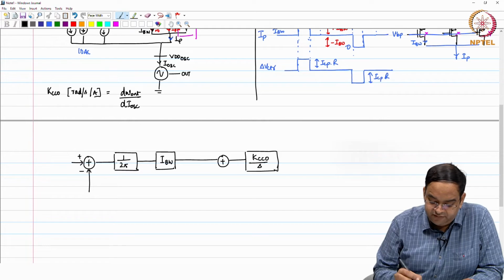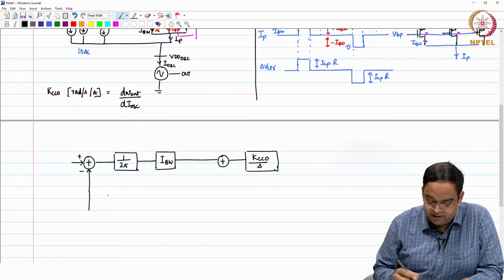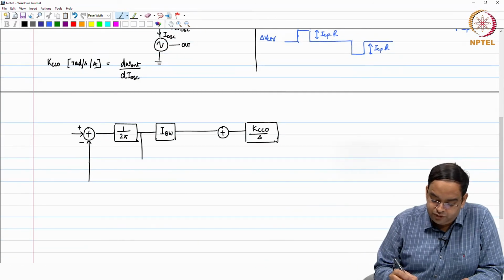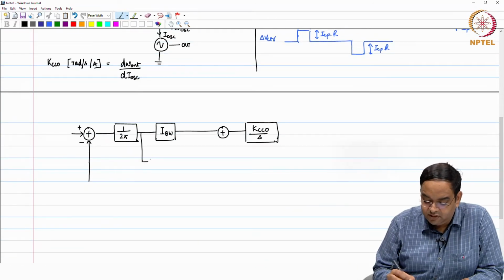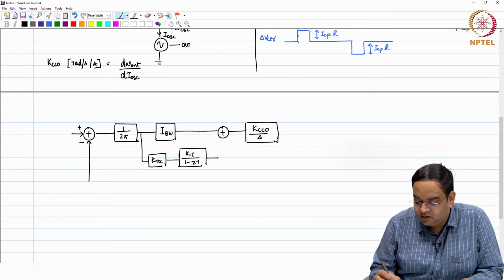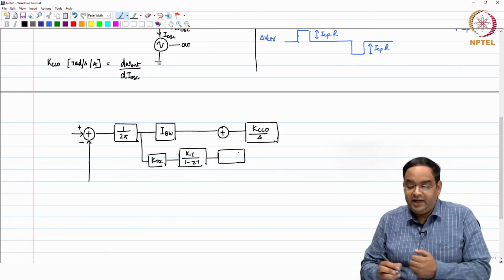The output of the PFT, what you are looking at, so the phase error detector, right, that particular PFT output goes to your TDC. Okay. So, you have KTDC here, then you had this transfer function which is Ki by 1 minus z inverse, then you have IDAC, where you will have the gain of the IDAC.